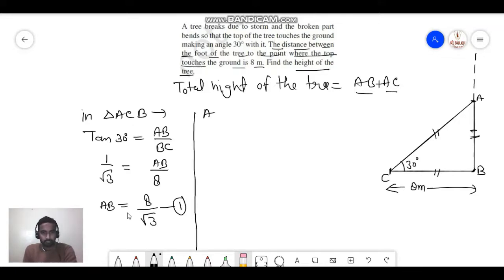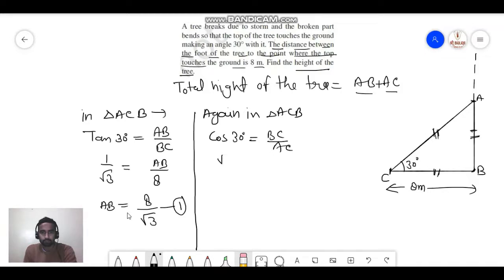And again in triangle ACB, cos 30 degrees. Since we know that cos theta is equal to base upon hypotenuse, cos 30 will be BC upon AC.